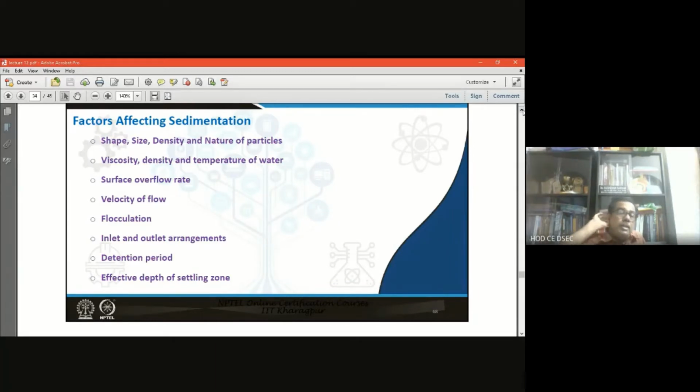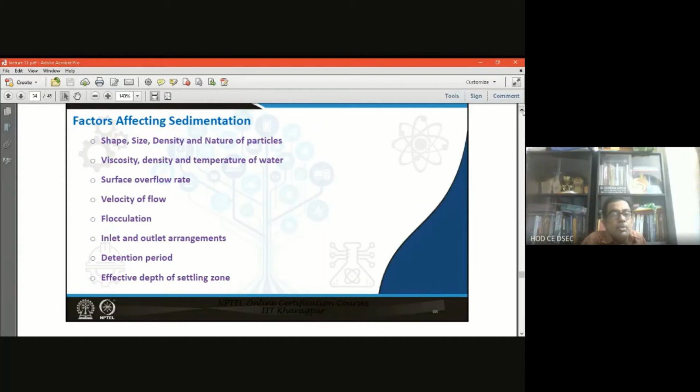Since the sedimentation is occurring in fluid, viscosity, a property of the fluid, is a factor which affects the sedimentation. Temperature, of course, because viscosity depends on temperature. So temperature is also a guiding factor in the process of sedimentation.